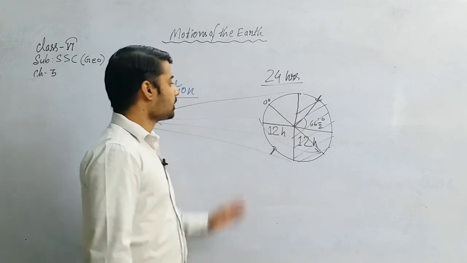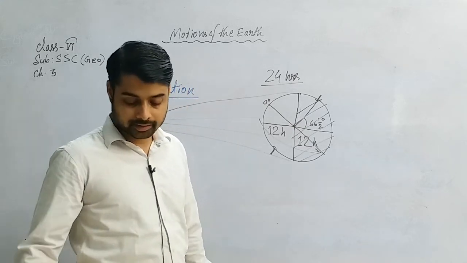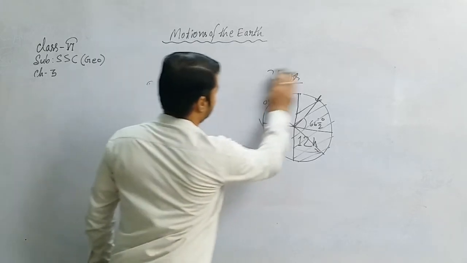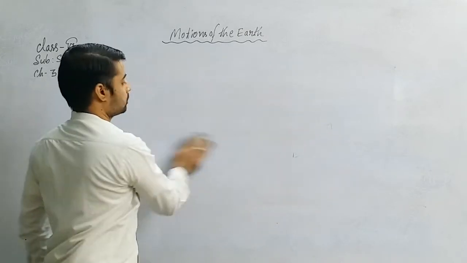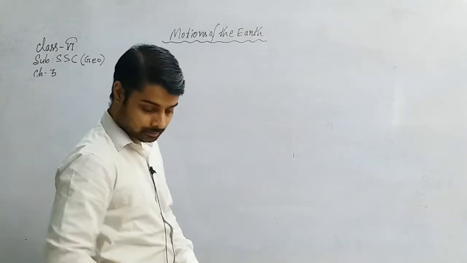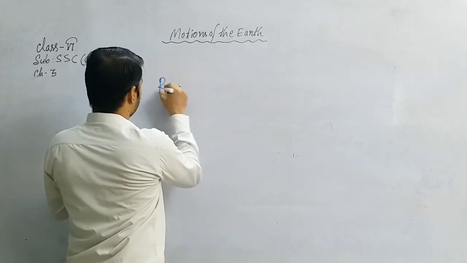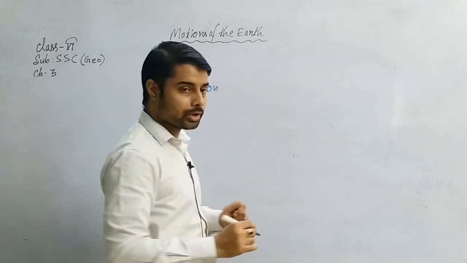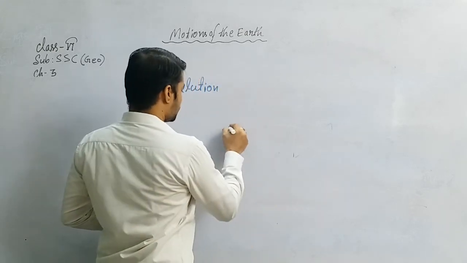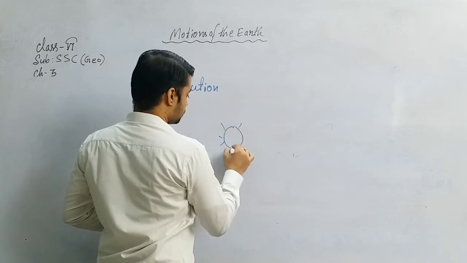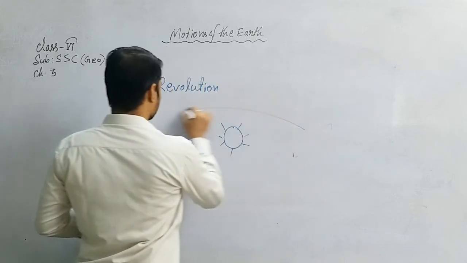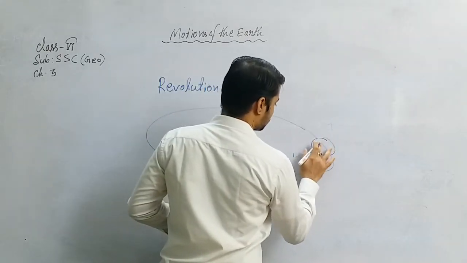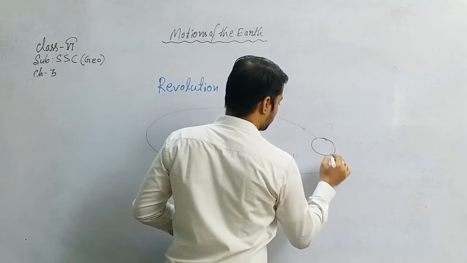Now we are going to discuss the second motion of the Earth, which is revolution. So what is revolution? This is the sun in the middle of the solar system, and Earth and all the planets revolve around it in an elongated path.